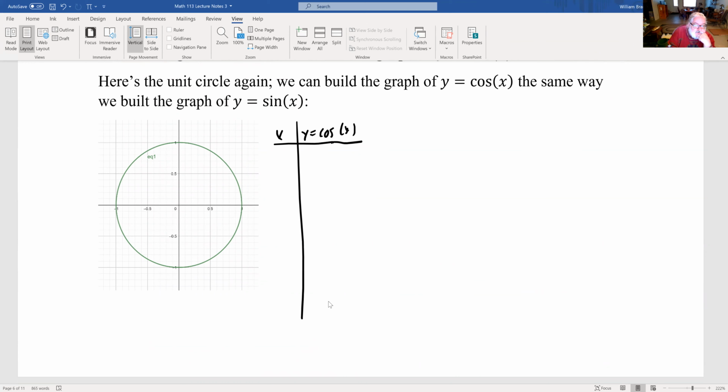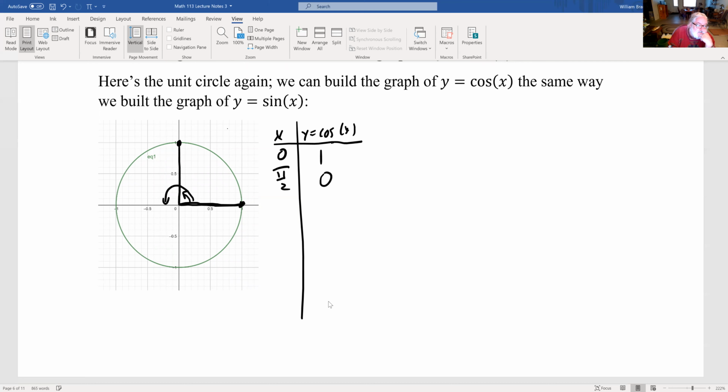So cosine x on the unit circle is the x coordinate of an angle. So if we start with x equal to 0, an angle of 0, here, that x coordinate is 1. An angle of pi over 2 is this angle. There, at that point, our x coordinate is 0.